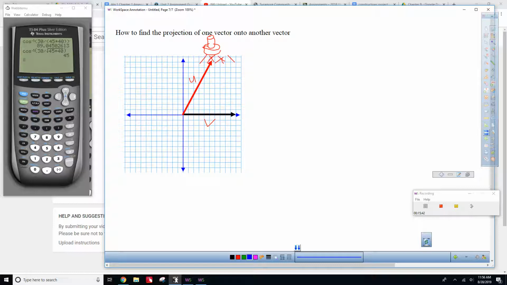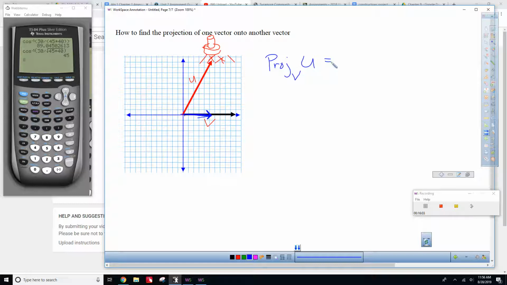Can you imagine what shadow this red vector would put on the blue vector? It would look like that. This blue vector is the projection of U onto V. That's the notation.